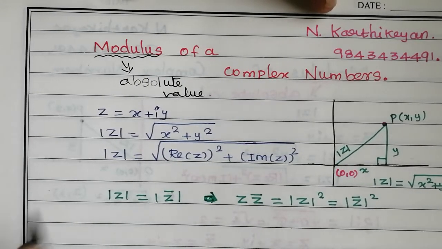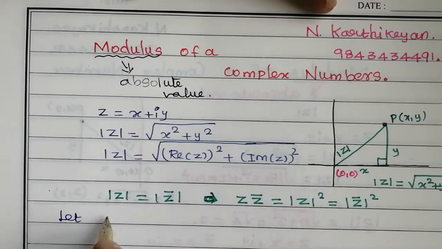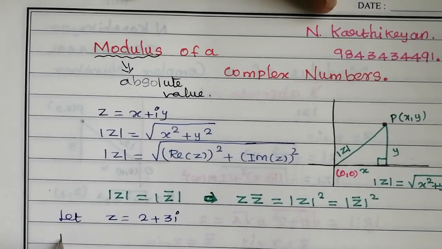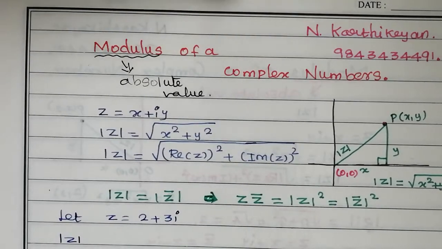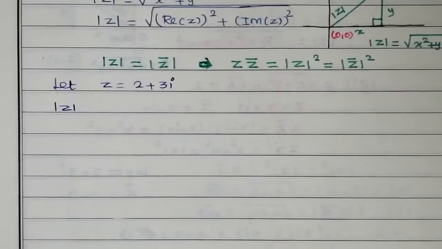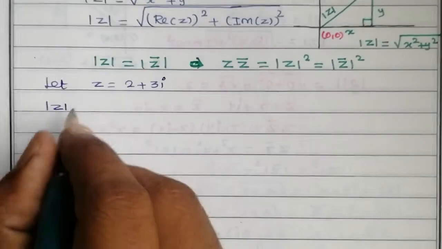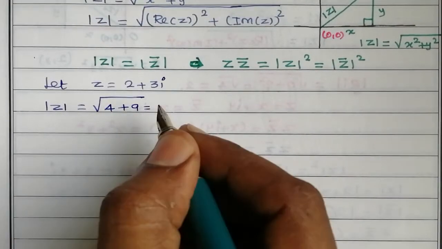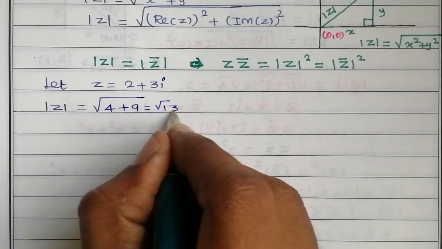How? Let z equal to 2 plus 3i. What is modulus of z? Modulus of z is the square root of the real part the whole square plus the imaginary part the whole square, that is root 13.